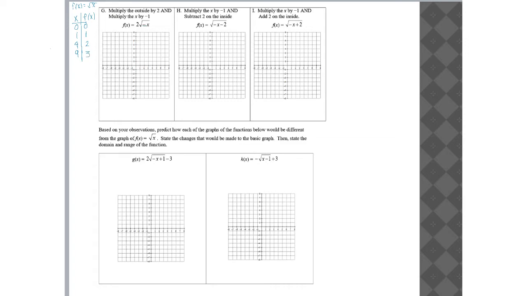Our x values are going to be negative, and then we are going to take all of our y values and multiply those by 2. So let's see if we can figure out what this new t-chart is going to be, and then that'll help us with our transformation. So here's going to be our new.